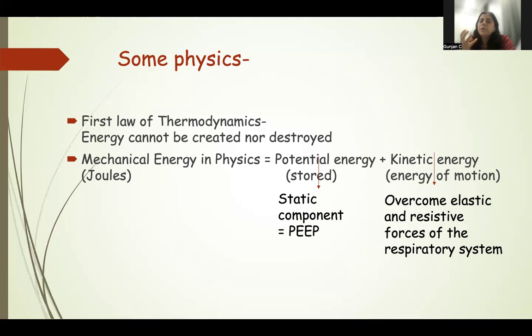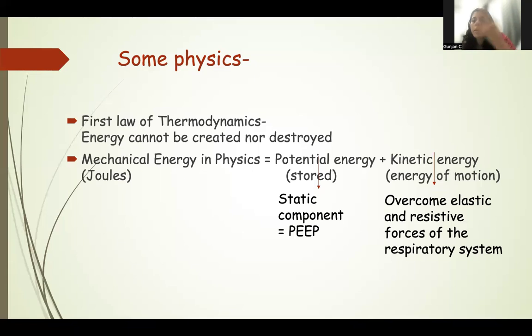The energy of the PEEP is to overcome the static compliance or the collapse of the lungs, or static elastance of the lungs, to keep those alveoli slightly open to improve the FRC. So the PEEP is the mean potential energy which is getting delivered inside the lungs. And the kinetic energy is to overcome the elastic forces as we deliver the tidal volume, and also to overcome the resistive forces of the airway, as we saw in the equation of motion two slides back.